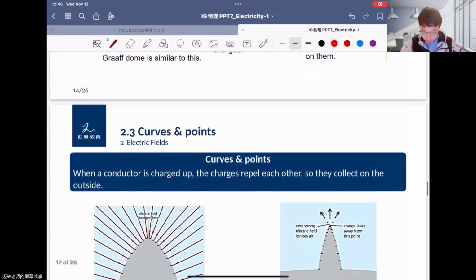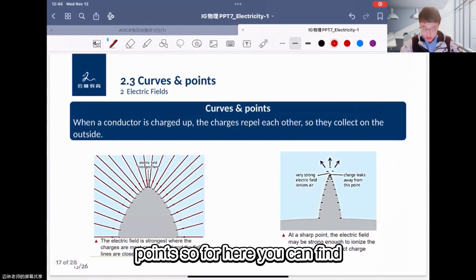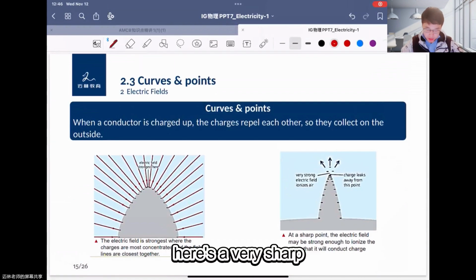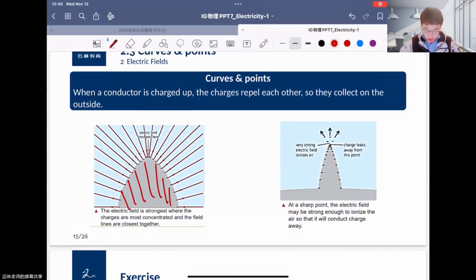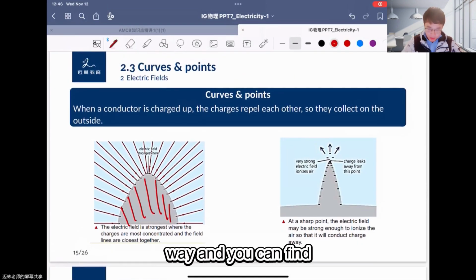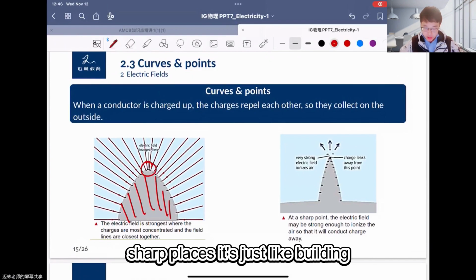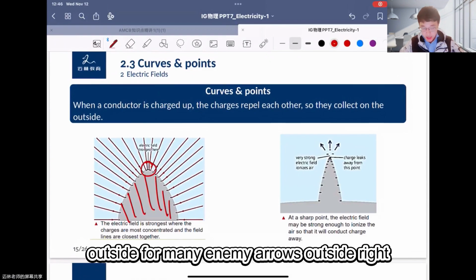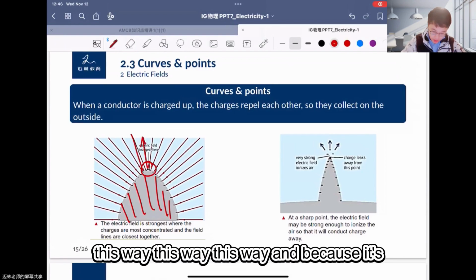Another example is for curves and points. Here you can find a very sharp object, like a pocket, right? At this corner, or at these very sharp places, many arrows are shooting outside, this way, this way, this way.